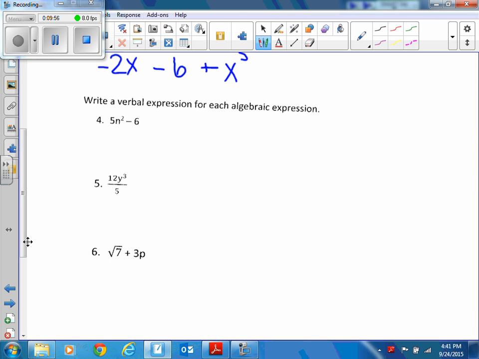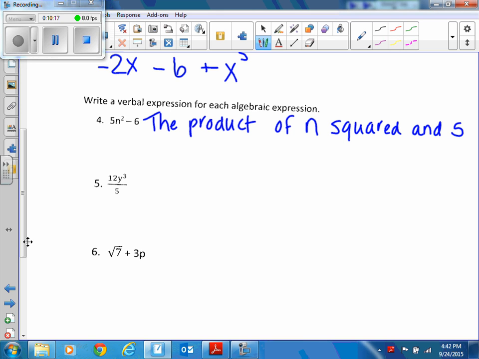I'm going to say the product, because I'm multiplying, the product of n squared and 5, diminished by 6.